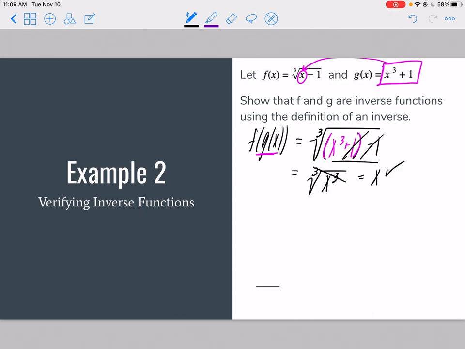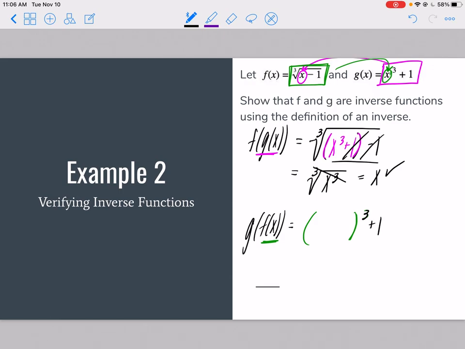Okay, so we verified it one direction, and now we need to go the other direction, so find g of f of x. So this time we're taking f of x and plugging it into function g right here. So we've got all of x cubed plus 1.